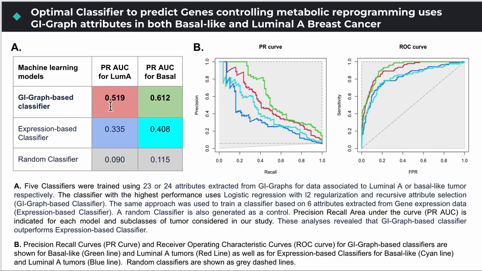You have the AUC for the GI graph-based classifier, the expression-based classifier, and a control random classifier. What we can see on this slide is that the GI graph-based classifier outperforms the expression-based classifier, which shows the value of using a graph-based methodology to train this classifier.